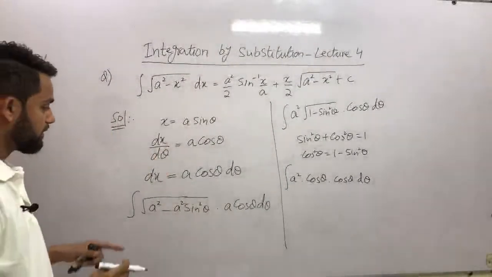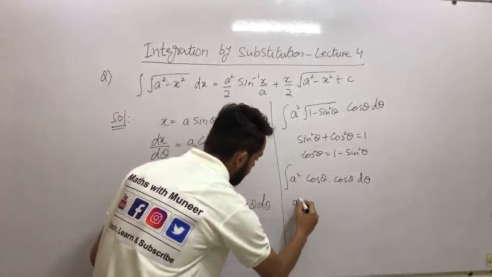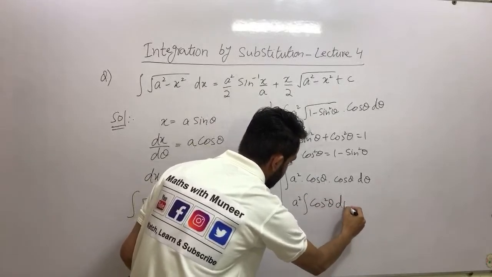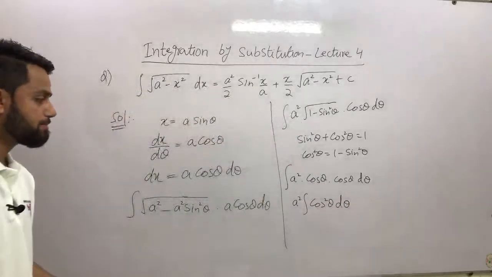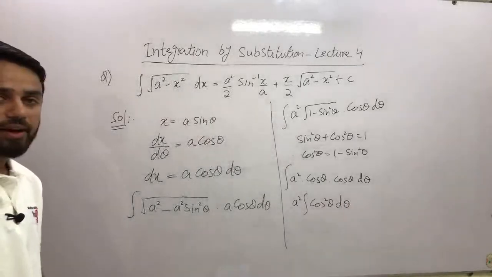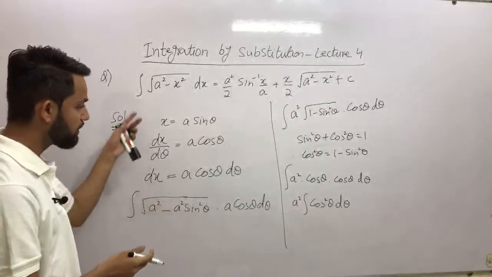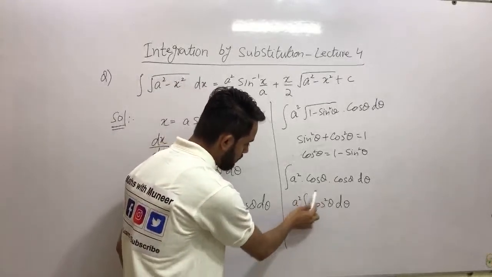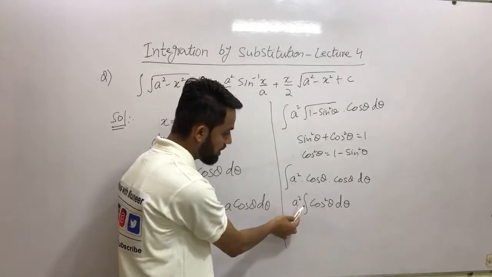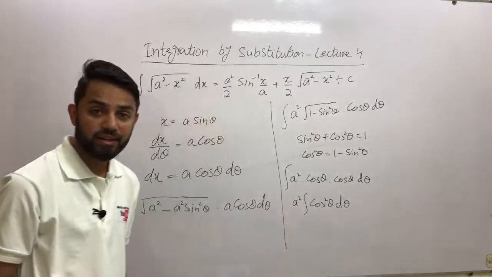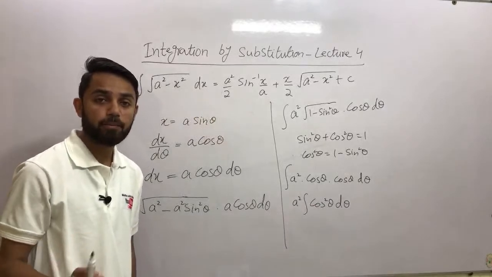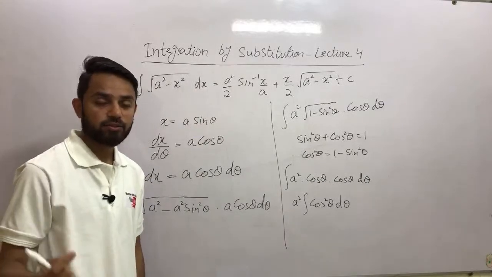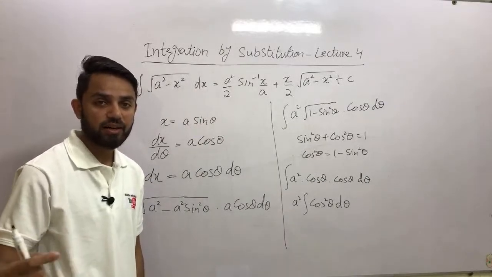Okay, so this a square will be out, so cos theta and cos theta would be cos square theta d theta, right? Now again we have some problem here, and the problem is not that we have solved a wrong question, but in fact that it is never possible to take the direct integration of trigonometric functions that have power more than 1, like sine square theta, cos square theta, tan square theta, and so on.